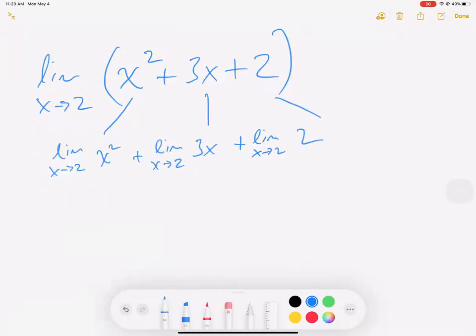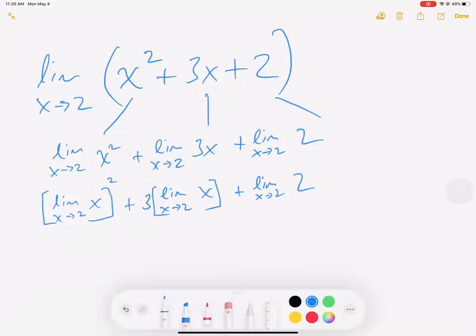In our first section here, we have exponents. The limit as x approaches 2 of x, where the exponent goes on the outside. That looks a little terrible. The next one, hey, 3 is a constant multiple. 3 times the limit as x approaches 2 of x, plus the limit as x approaches 2 of 2, which is just 2.